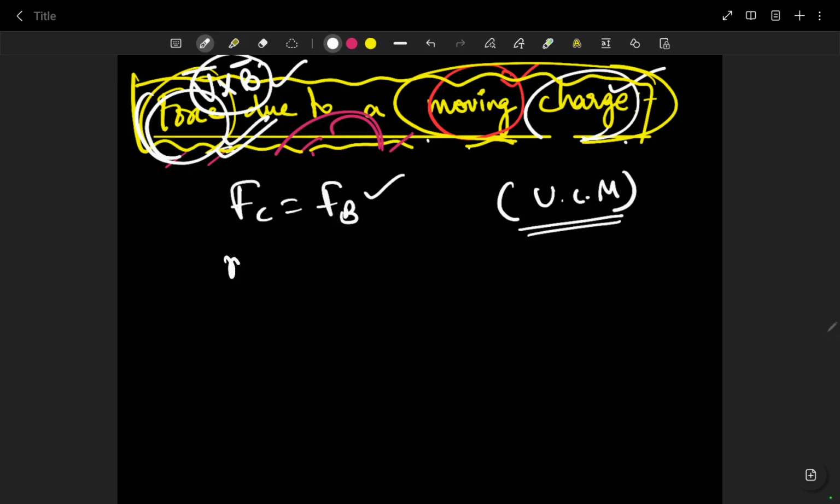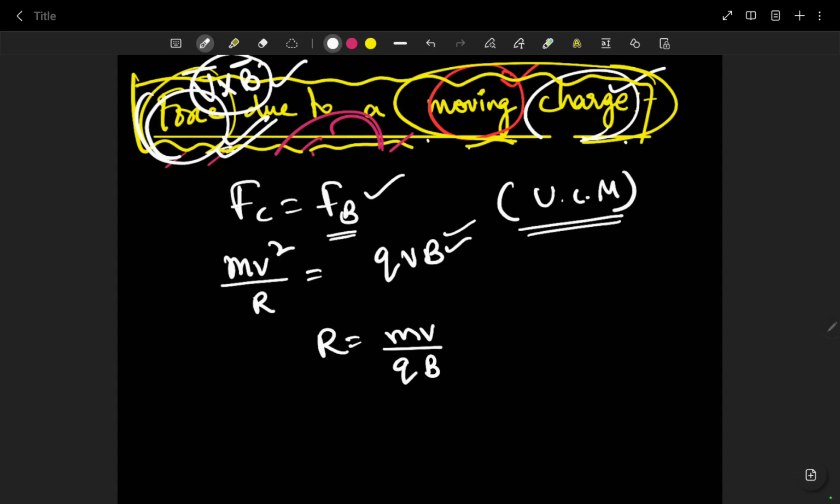So centripetal force, grade 11 formula, chapter 5, work power energy, is mv square by r, r being the radius, and FB I think you've just learnt with me now, it is qvB, right? Obviously the vector version of the formula, the scalar version is qvB sine theta. I'm taking the vector version. So if I take this, I'll be able to get r is equal to mv by qB. Correct me if I'm wrong. So this is the radius.